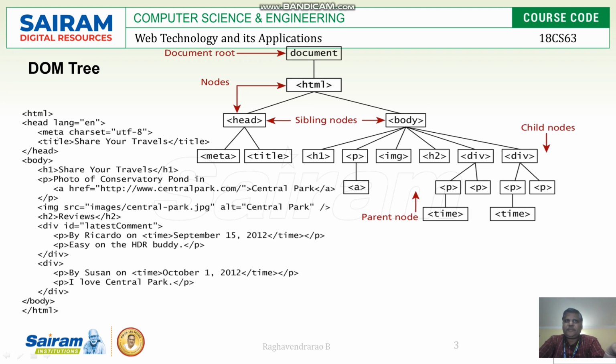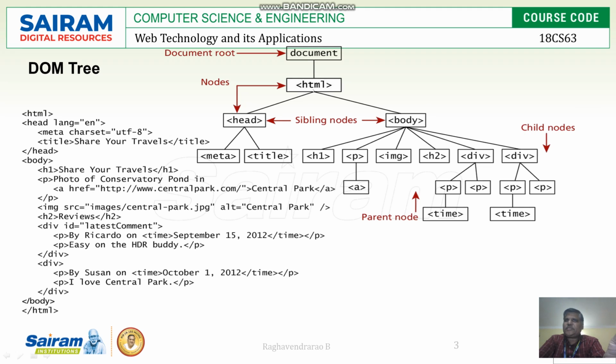The complete thing is called the document, so that is the document root here. Next is the HTML. Under the HTML, head is there and body is there mainly. Then after that, body ends and HTML ends. Only two tags are there.